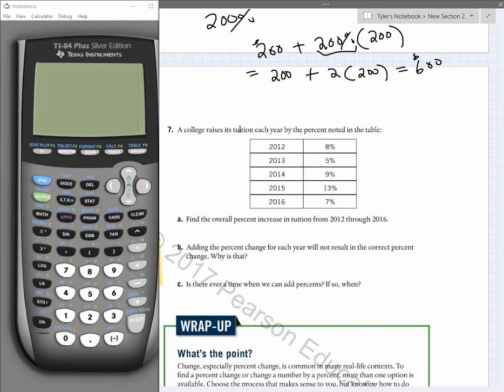Notice we don't know the actual dollar amounts or what we started with, but we were just given these percent increases. So if you want to find 7a, it turns out we can't simply add all these percents together and get that. That's because the amount is changing each time, right?